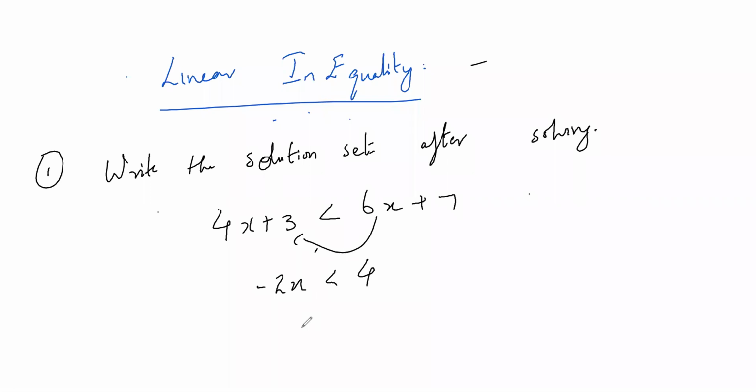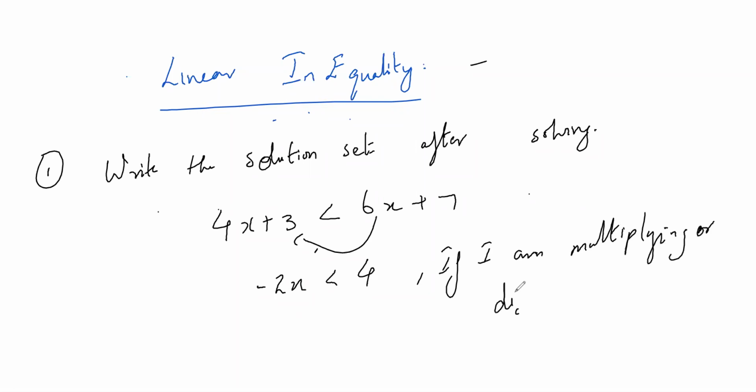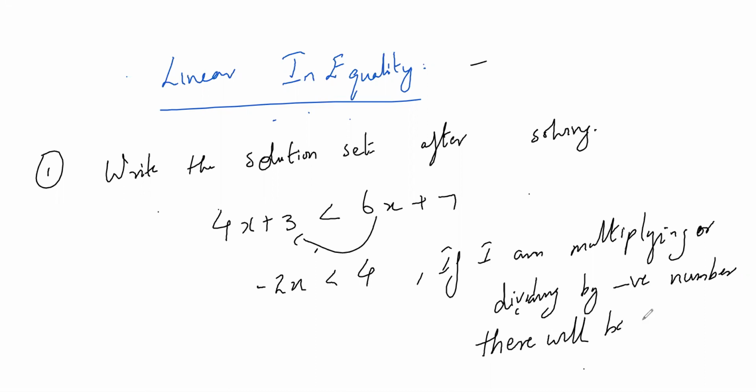Then if I am multiplying or dividing by negative numbers, a greater than sign will become less than and vice versa, correct? So it will be x greater than minus 2.